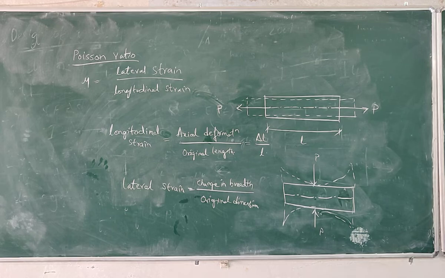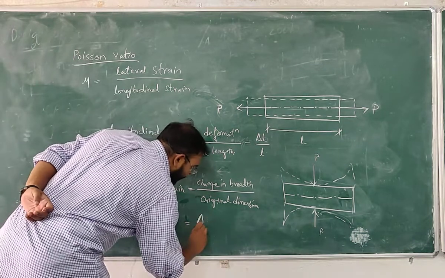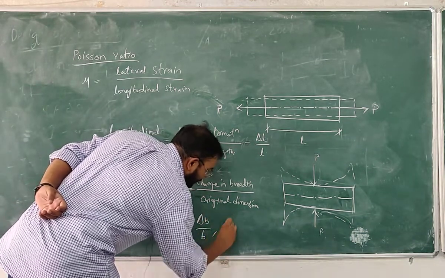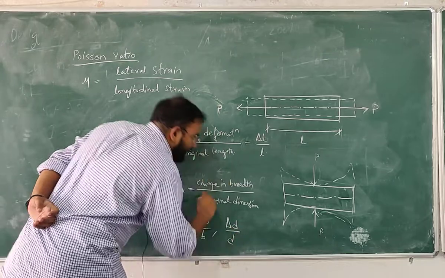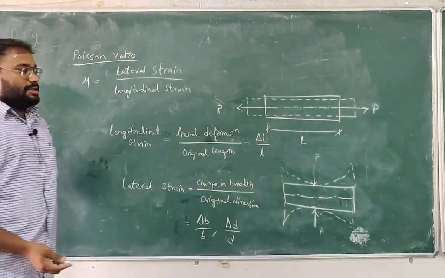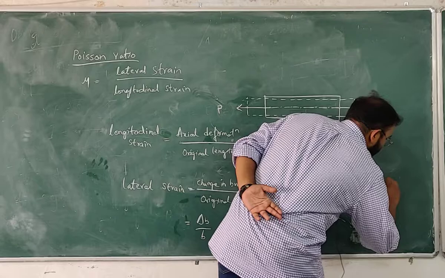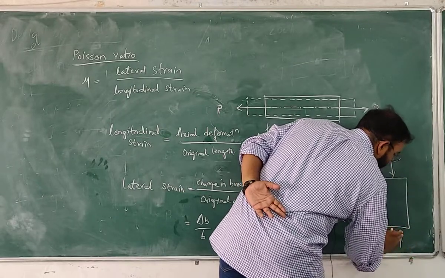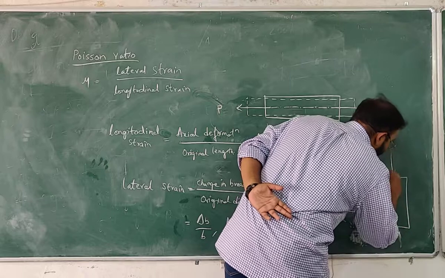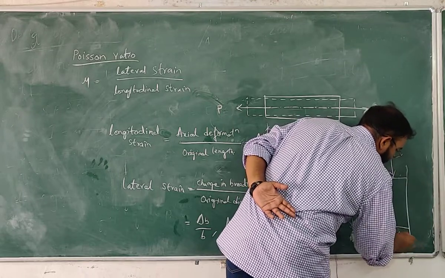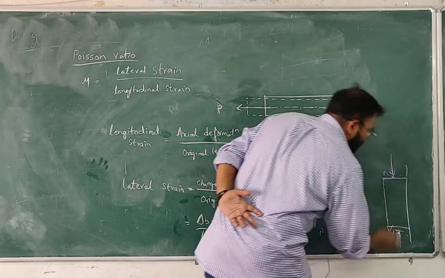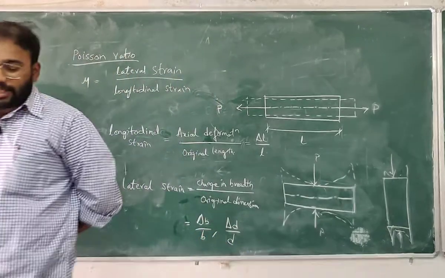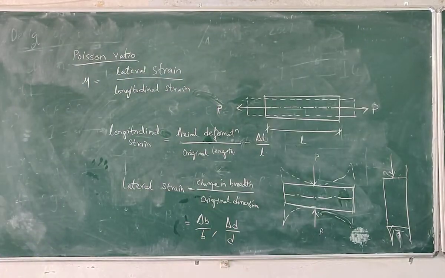So this can be delta B by B or delta D by D. This can be change in depth by original depth. Suppose I have a body which is like this, which is load is applied like this. Now this is deforming in this manner. So change in depth by original depth or change in breadth by original breadth, that is called as lateral strain.